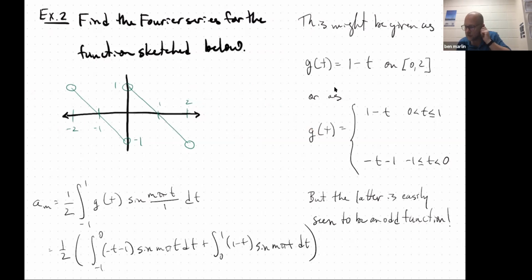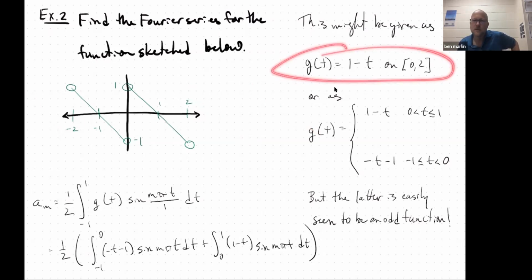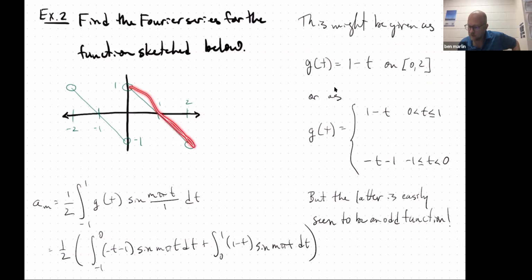I do want to tell you, though, you might get one of these where it says, take g of t equals 1 minus t, so that would be here on 0 to 2, and just do it like that. And looking at it, you'd go, crack, that's not a symmetric interval. It doesn't have any of my nice symmetry things going on.